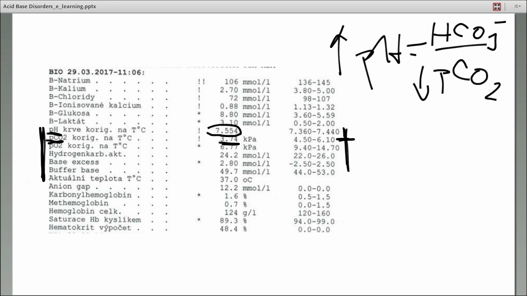So you need to exclude all other potentially life-threatening causes of respiratory alkalosis and hyperventilation syndrome, and that is, above all, meningitis and meningoencephalitis. It means neuroinfections. That is, anything that actually irritates the brainstem.